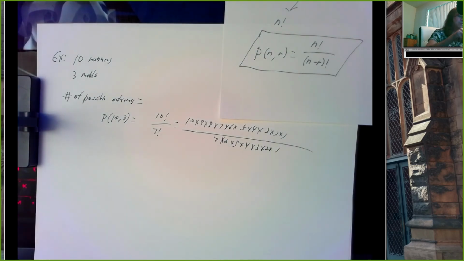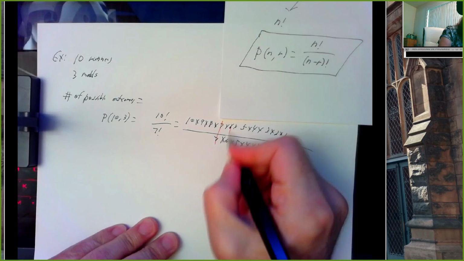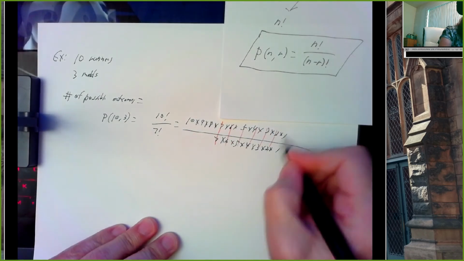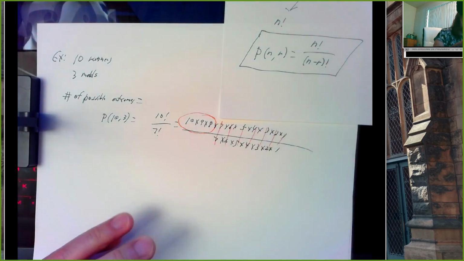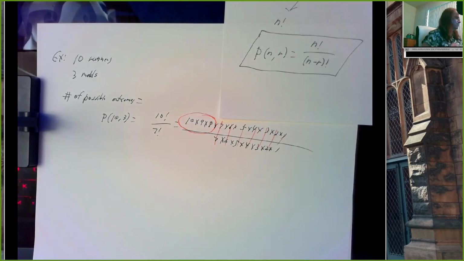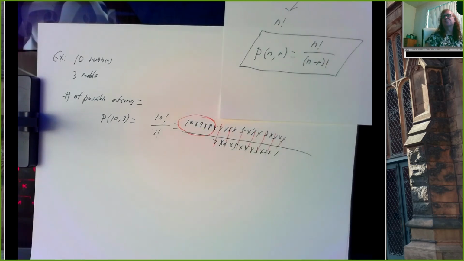All of this stuff cancels, and you're just left with 10 times 9 times 8, which looks a lot like our product rule. But this factorial form sometimes makes it easier to work with. So 9 times 8 is 72, times 10 is 720 possible ways that medals could be awarded.